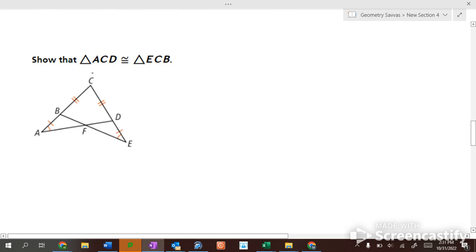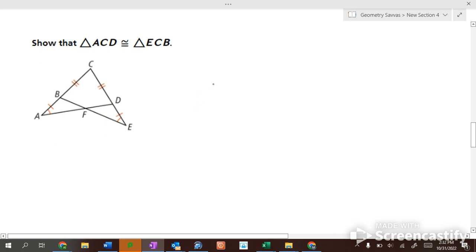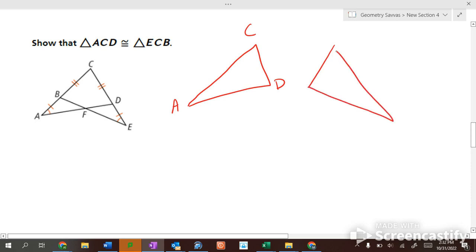All right, so for this triangle here to be congruent to this triangle here, what I should do is just draw them separately. And you'll see how much that helps the whole process. So ACD, and then CBE. Okay, I know that CD has 2 marks and CB has 2 marks, right?